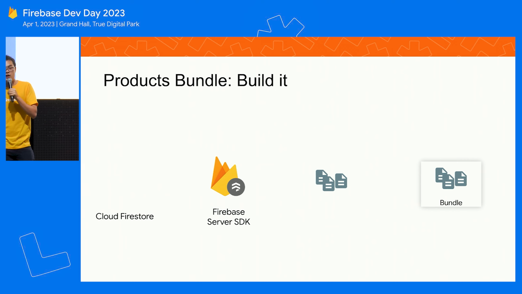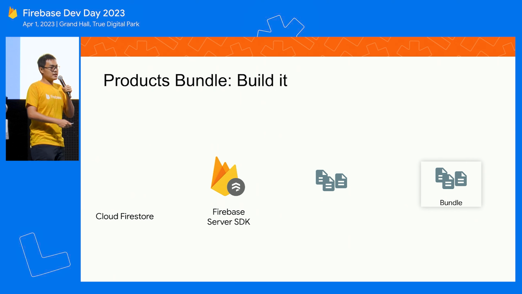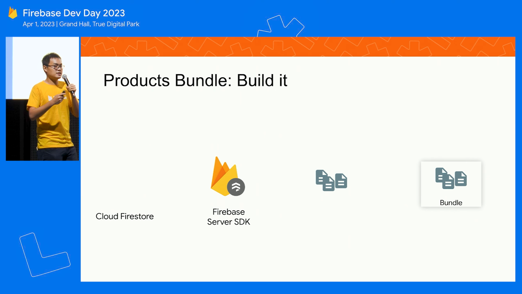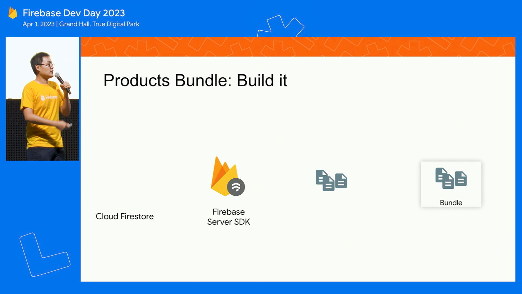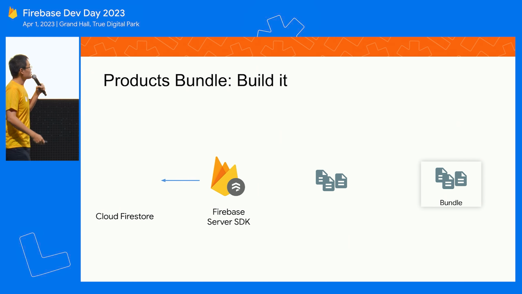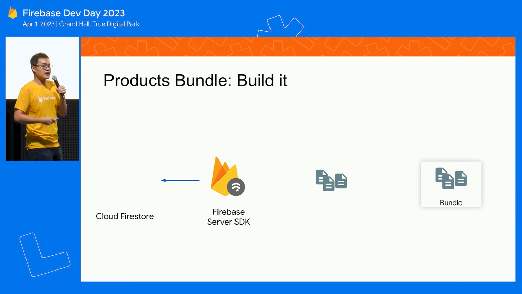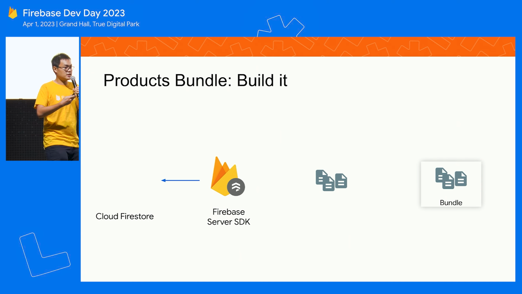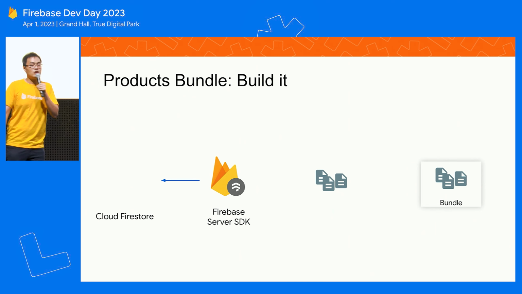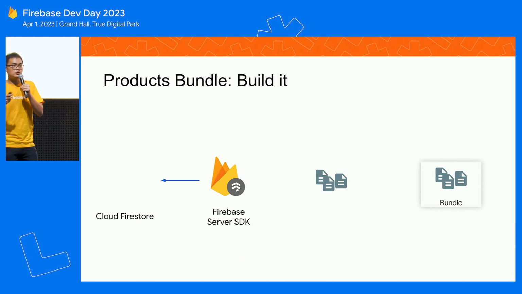So let's take a look at how it will work. Let's say you already know what 20 products you want to promote by 12 a.m. What you do is have a cloud function or some sort of secure environment. It could be your own backend Node.js app, or it could be a cloud function. This cloud function will query the data on behalf of the user.